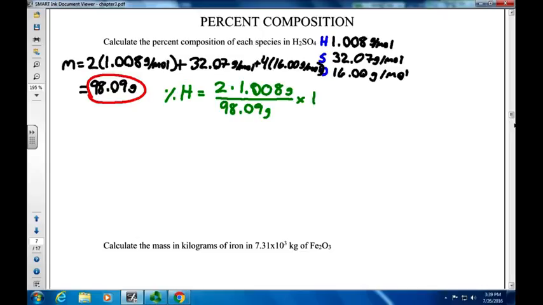Then you multiply that value by 100% to get our percentage, which when you do so, you'll find it to be 2.055%, which is roughly 2.06%. And you'll see why I rounded it to 2.06 here in a minute.